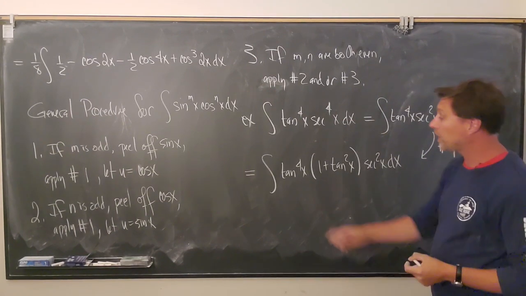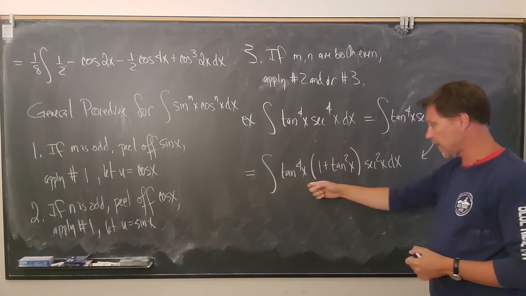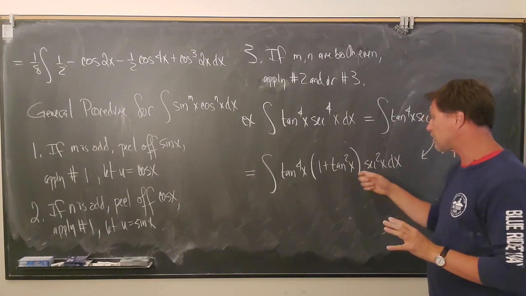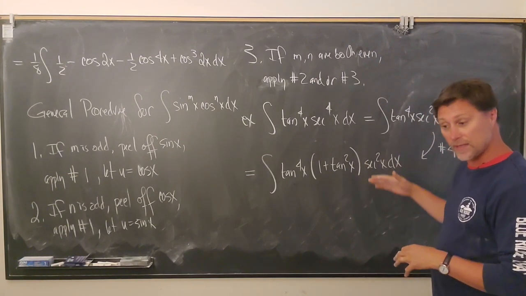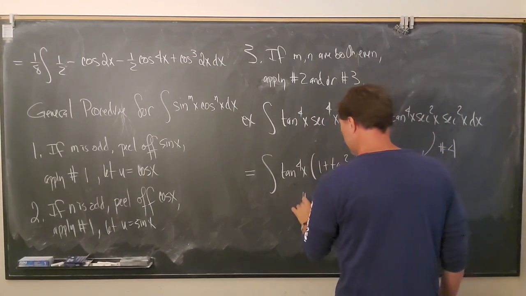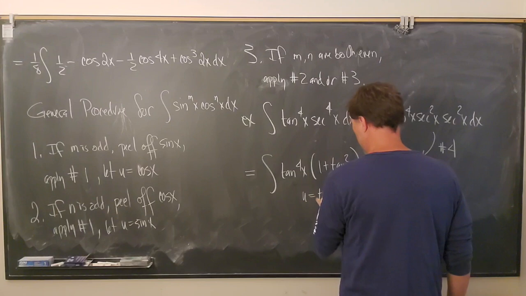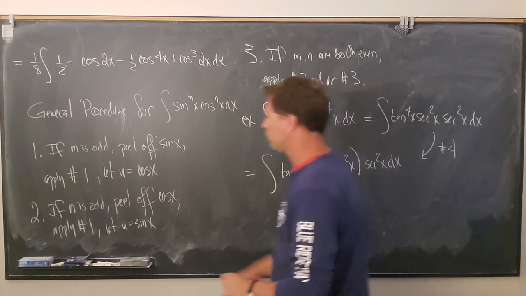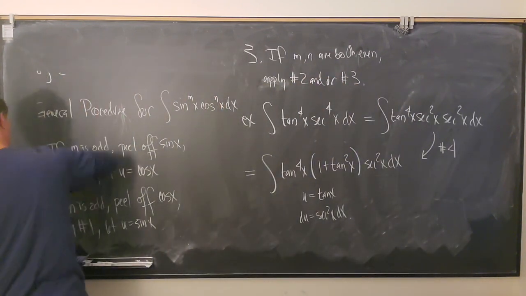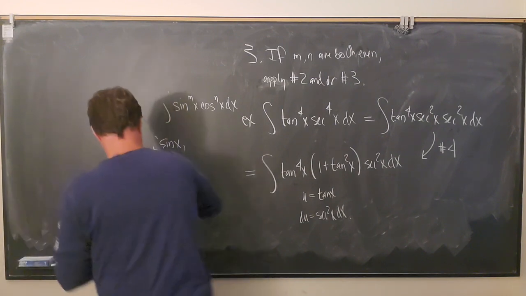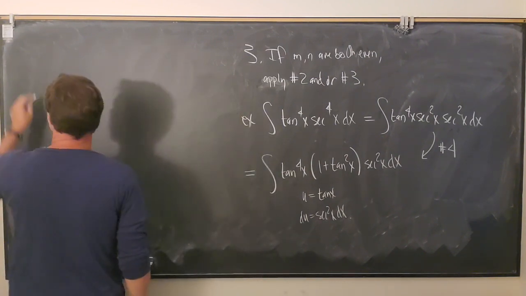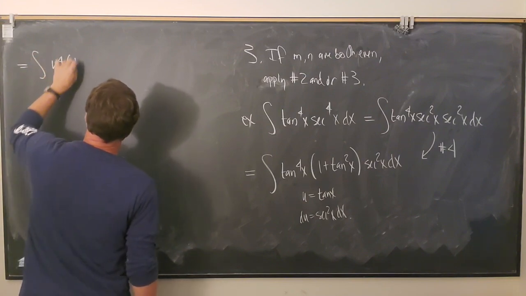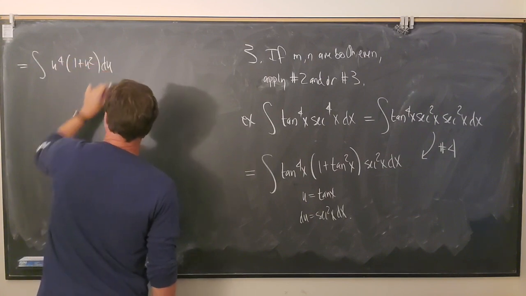Now, why does this help? Because if I let u equal tangent now, notice everything's in terms of tangent except for this part that I peeled off. If I let u equal tangent, its derivative will be secant squared. We'll get rid of that secant squared. We'll have a polynomial. So we let u equal tangent x, du equals secant squared x dx. And now what we're left with is the integral of u to the 4th times 1 plus u squared du.